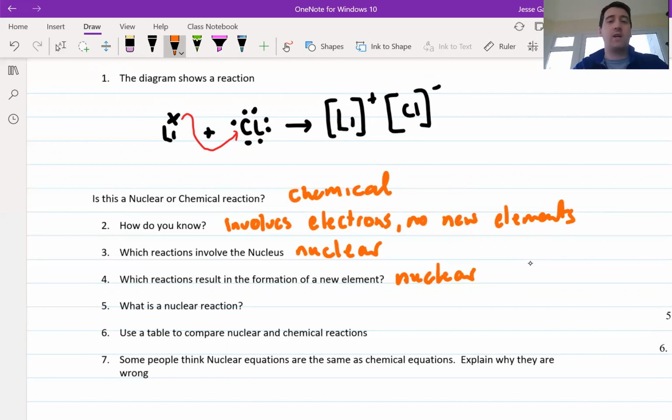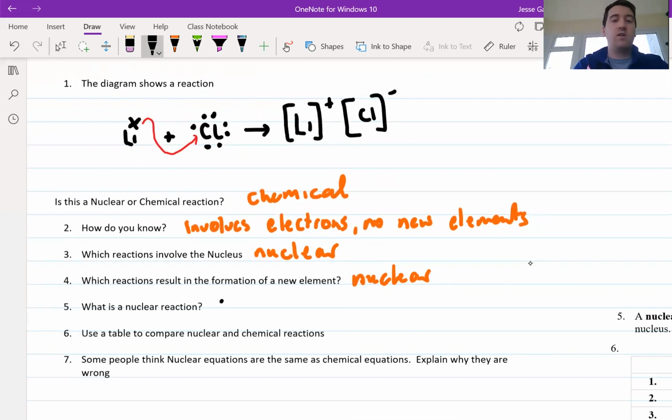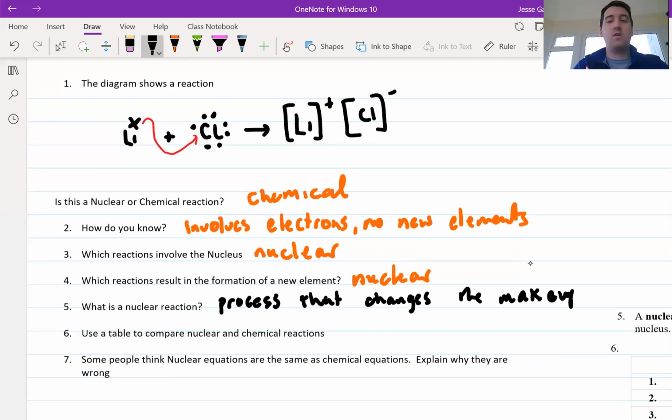What is a nuclear reaction? So this is your definition. It's a process, first of all. And what does it do? It changes something. What does it change? It changes the makeup, structure, or energy of an atom's nucleus.